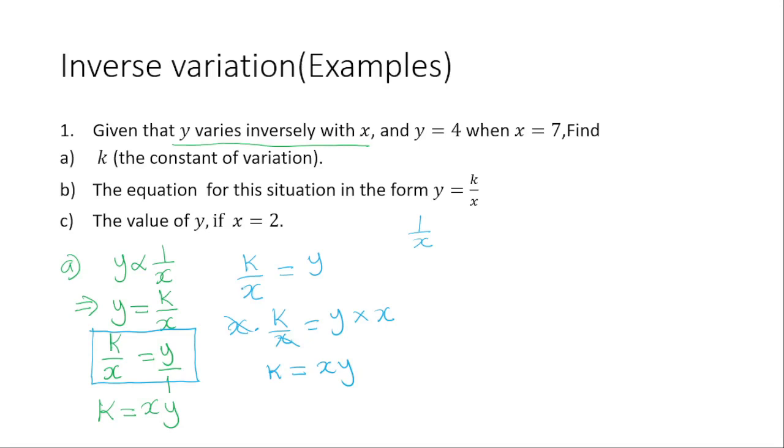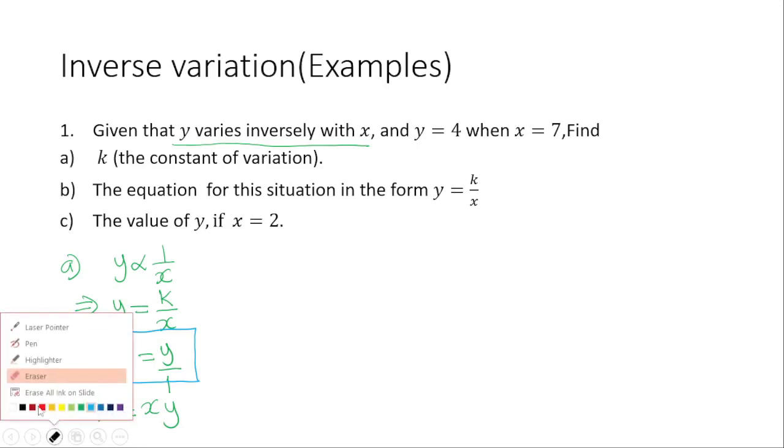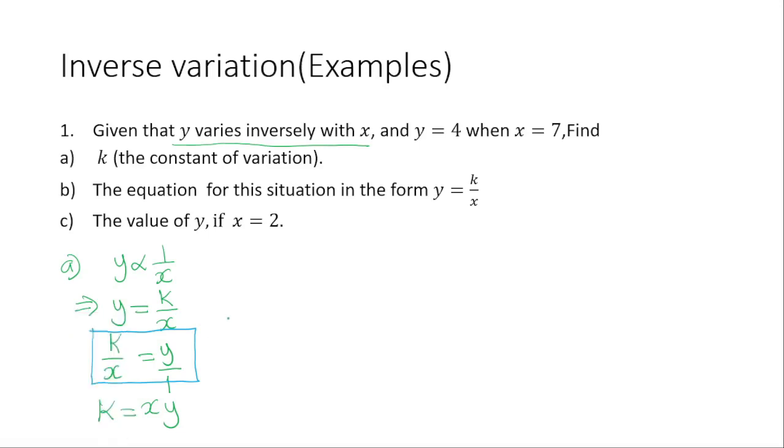But if you feel that the shortest route to getting where you want to get is just cross multiplying, I think that's more like the informal way of doing it. We can do it. We cross multiply, k by 1 will be k, x by y will be xy, and you will have k is equal to xy.